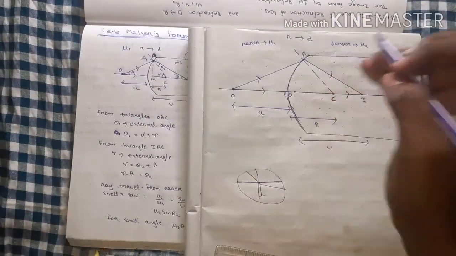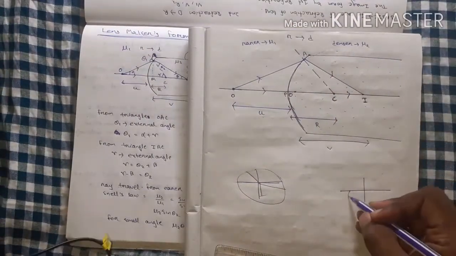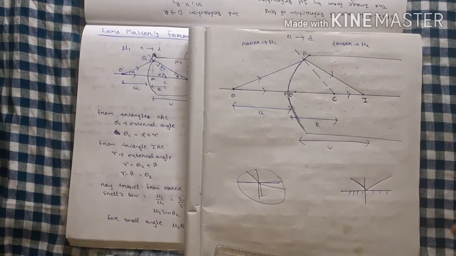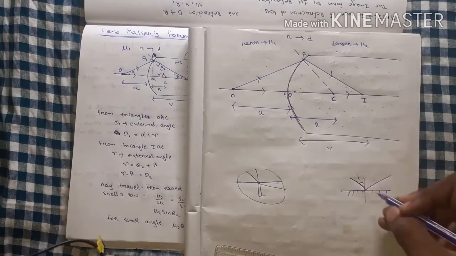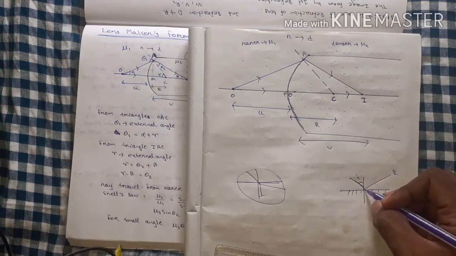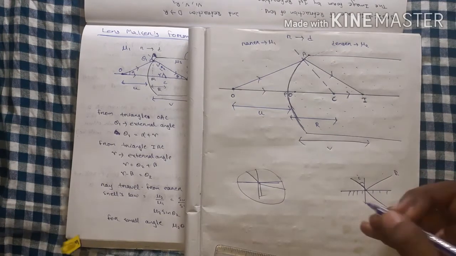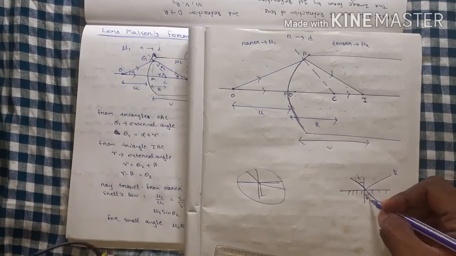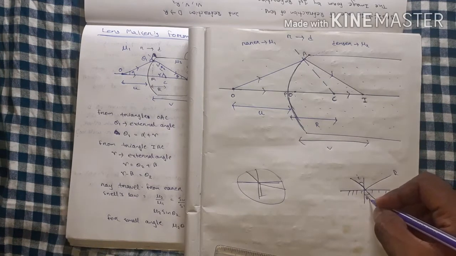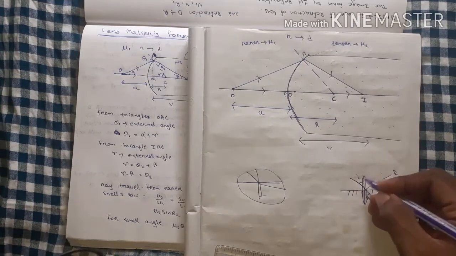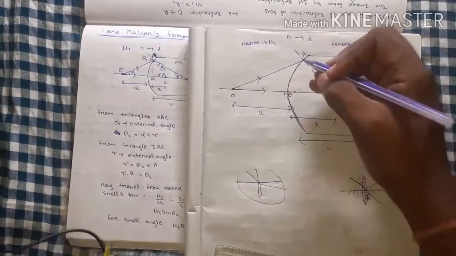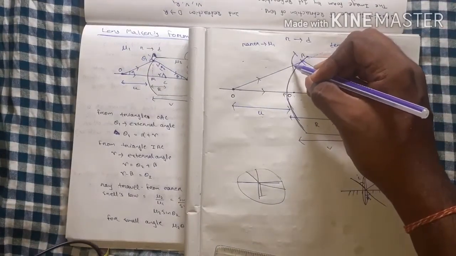Always, this is the plane, this is the normal, this is the incident ray and this is the refracted ray. The incident angle and the refracted angle are always measured with respect to the normal. Similarly, this is the normal and this is the incident ray, so this angle is the incident angle.